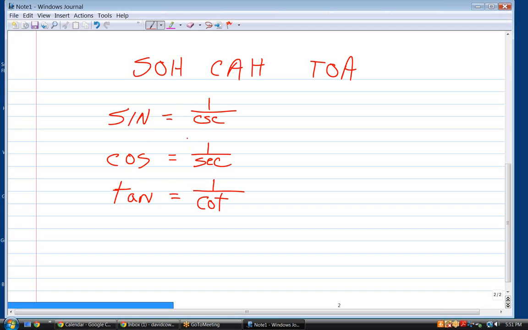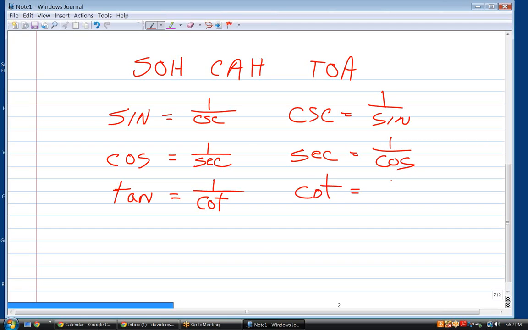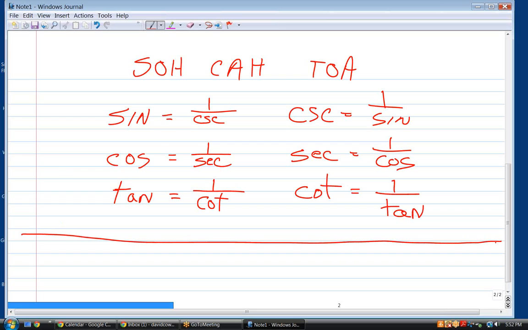Now, given these three reciprocal relationships, it's also true that cosecant equals 1 over sine, and secant equals 1 over cosine, in other words, the reciprocal, and cotangent equals 1 over tangent. So those 6 reciprocal relationships they want you to know.